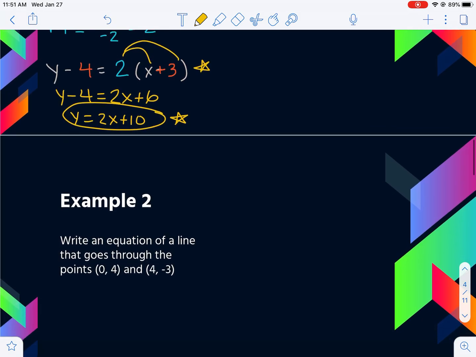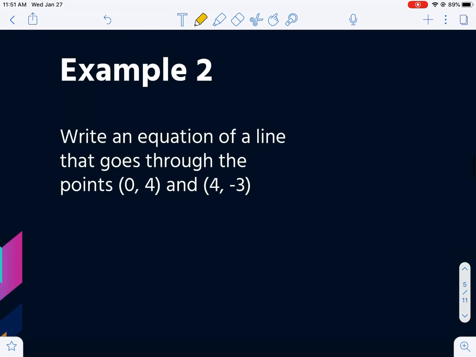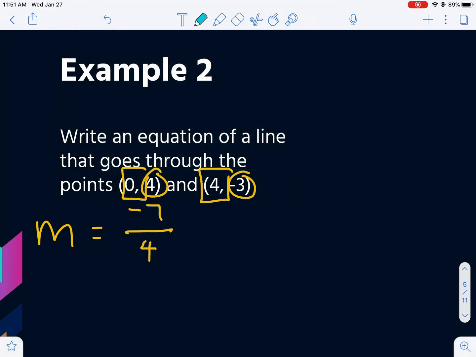We'll do another example going through some points here. Again, I'm starting by finding my slope. My change in y, I went down 7. My change in x, I went up 4. So I get negative 7/4 for my slope. I'm going to do y minus either point that I want. I'm going to choose this point. Minus a negative 3 will become a plus 3.